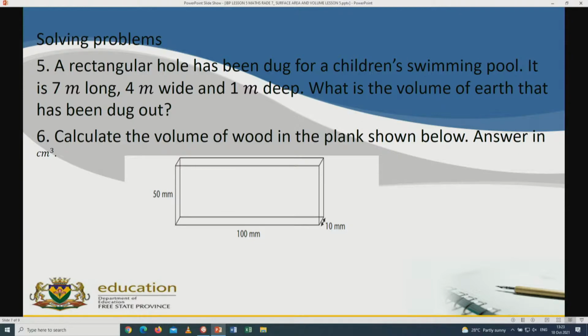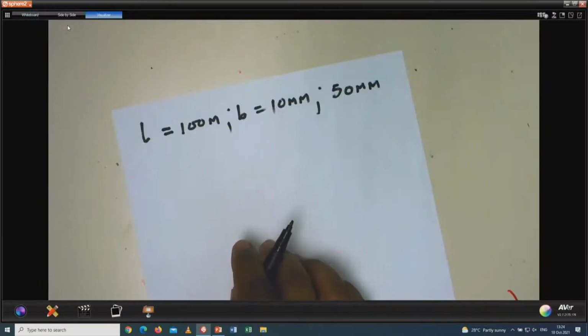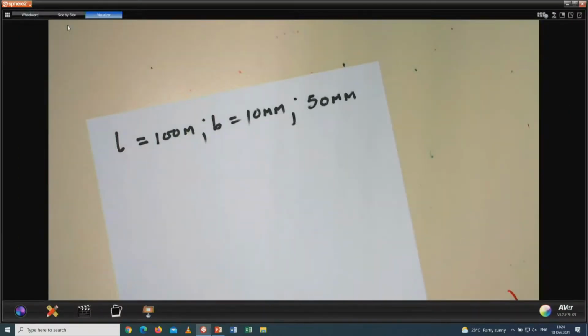They're saying the length is 100 millimeters and the breadth is 10 millimeters, and then the height is 50 millimeters. Okay, all right. Then we want to calculate the volume of this plank.